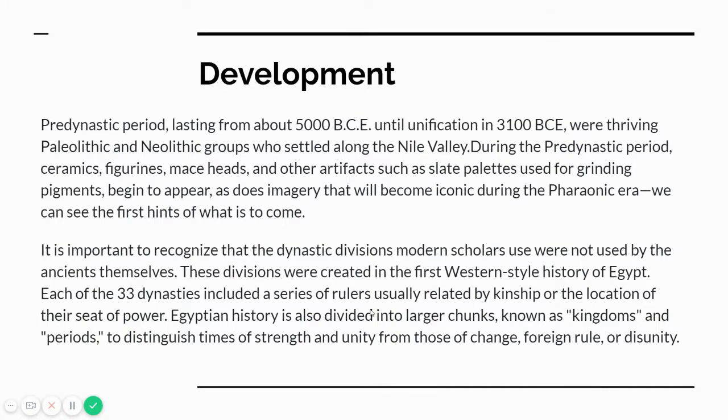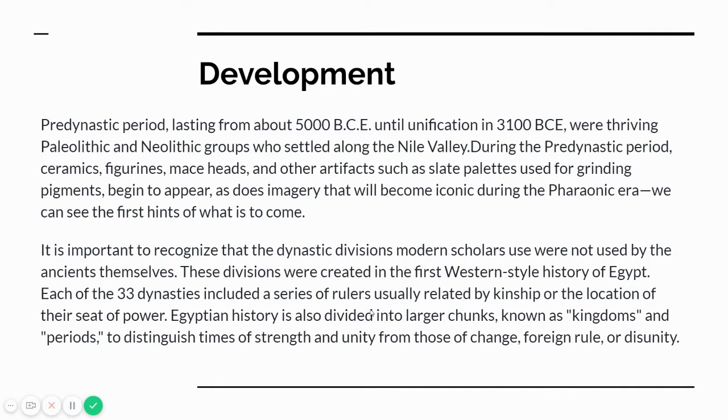So the pre-dynastic period was from about 5000 BCE until the dynastic period, which started in about 3100 BCE. During that pre-dynastic period, you have your thriving Paleolithic and Neolithic groups. They're nomadic during Paleolithic times, and then they start to settle in smaller groups around that Nile Valley.